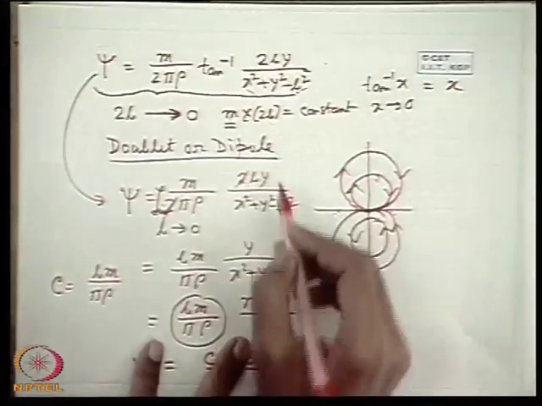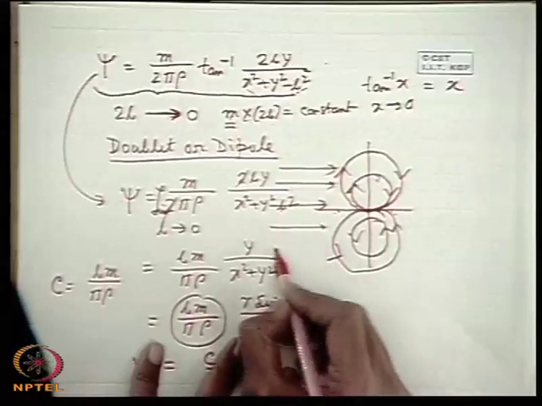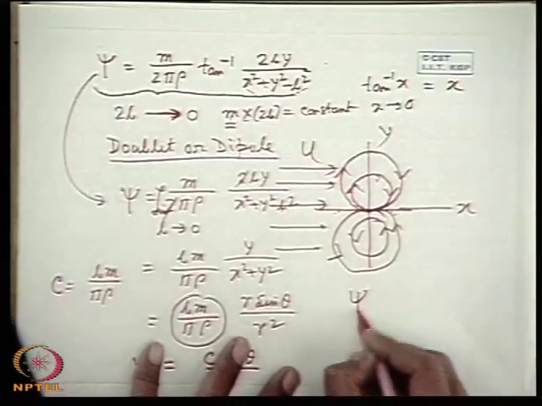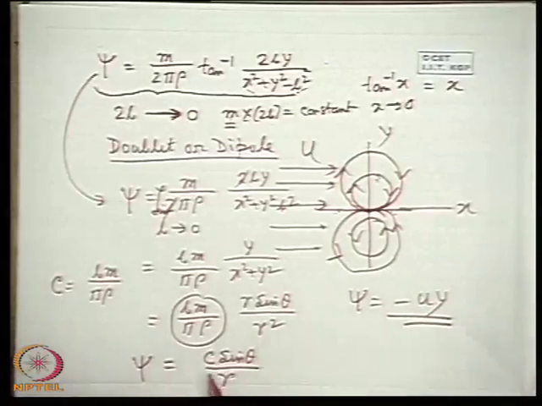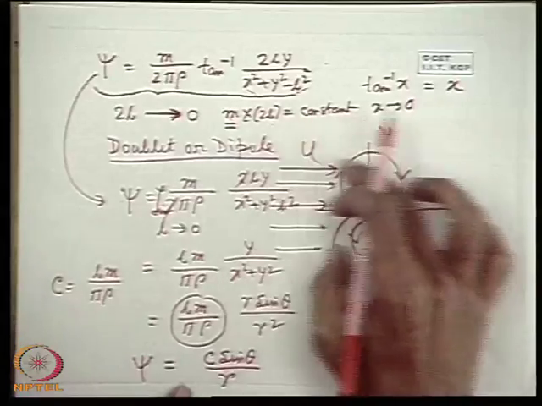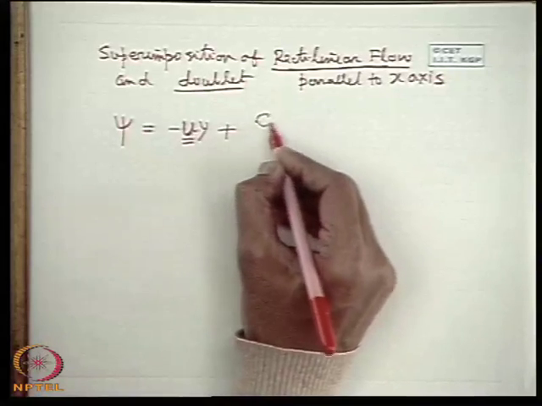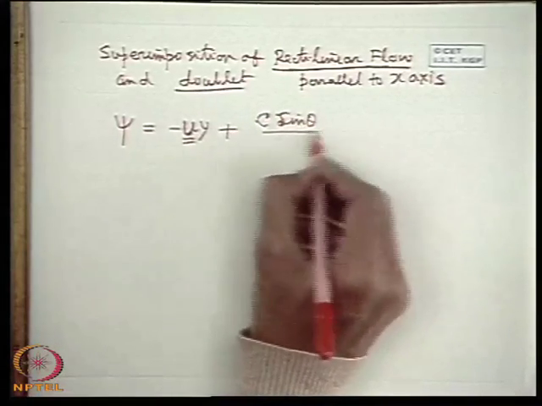That means here if we see that there is a rectilinear flow parallel to x axis, if you take this as x, this as y, this is u. So the stream function for this rectilinear flow, uy, we have already discussed, and this is the stream function for the doublet. So if you superimpose a rectilinear flow with the doublet, then what you get is uy plus c, as defined earlier for the doublet, sin theta by r.